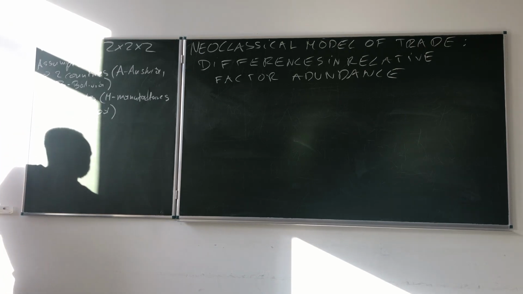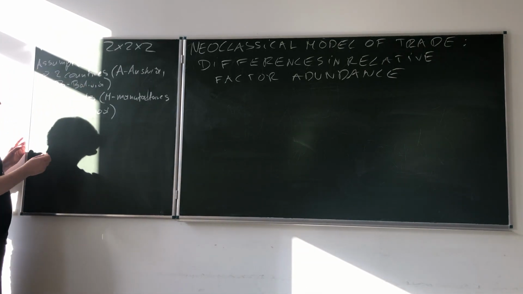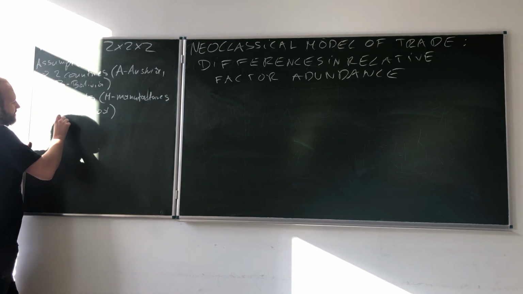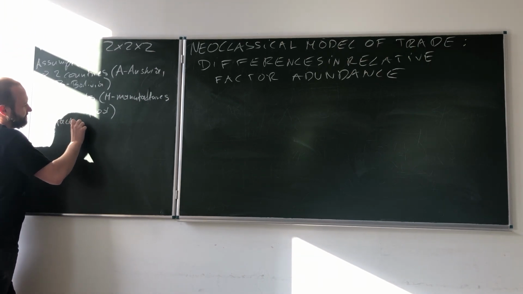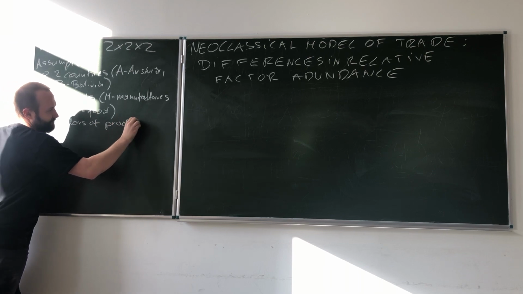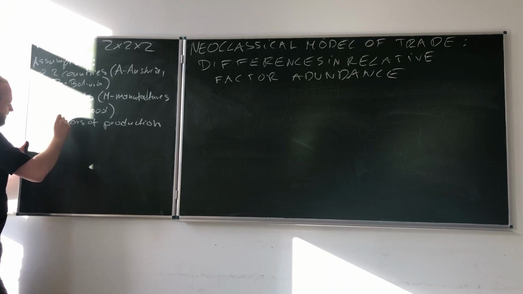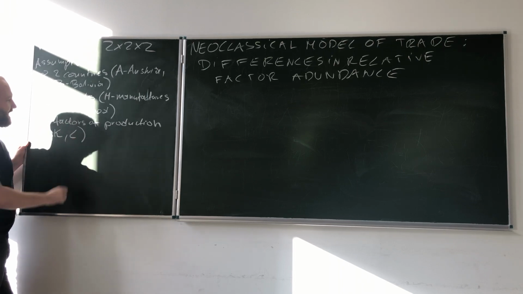now, the new thing with respect to the previous model, the Ricardian model, we will have two factors of production. These factors will be capital and labor.